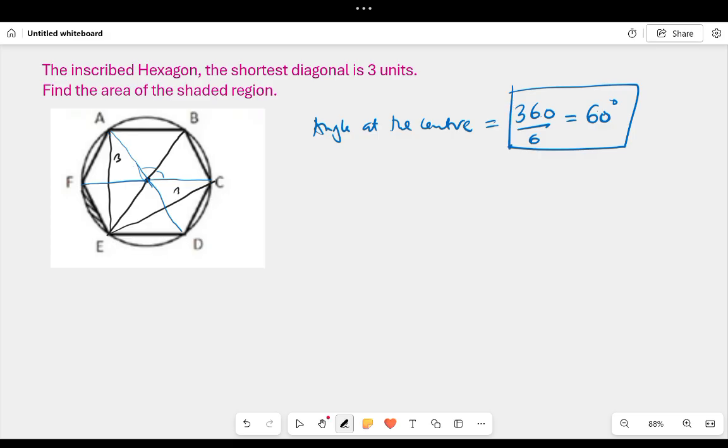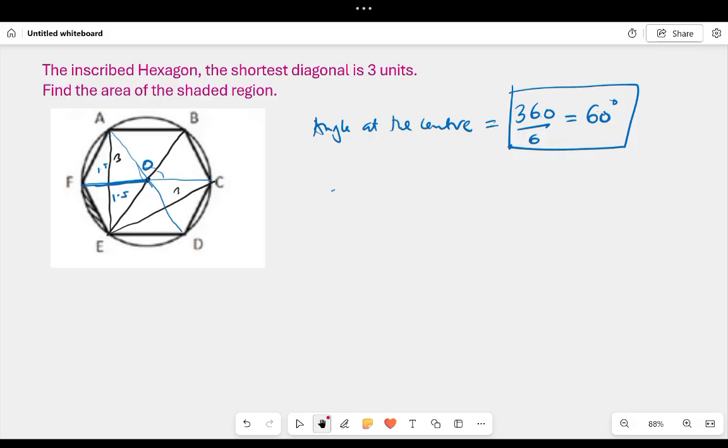Now, again, because we knew EA, let's call the center O. So EA is 3 units, and I know when I draw this line from F to O, it is going to split EA into a half, such that now we are going to have here 1.5 and over here 1.5.